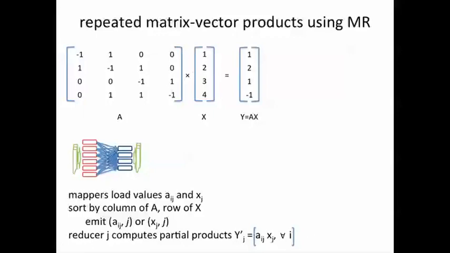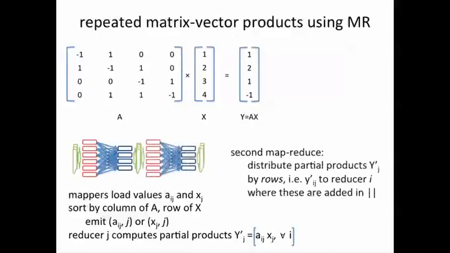Now, that's not enough because we still have to add these up this way. So the second MapReduce will do the following. It will distribute these partial products, which are now columns. Each reducer has a bunch of columns after they've been multiplied by the appropriate element of X, and we distribute them by rows.